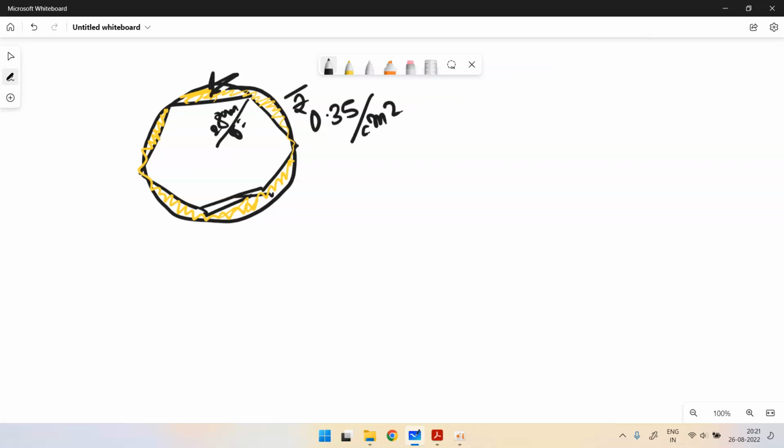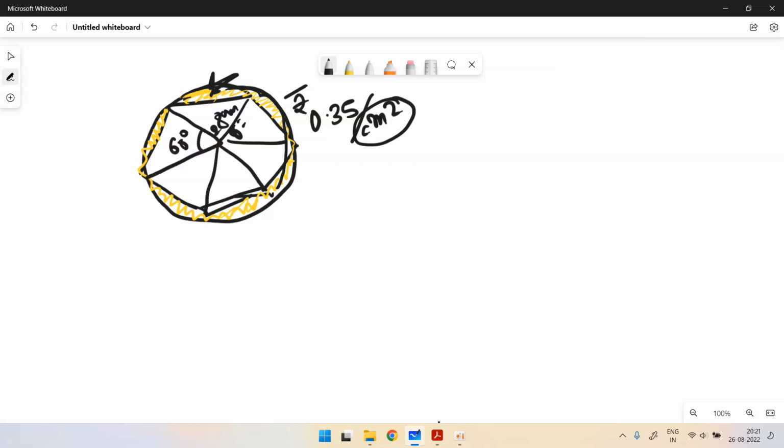So this cost of design is in terms of centimeter square, which means you need to find the total area of this. You remember that this is a hexagon, divided into 6 equal parts, so this angle will be 60 degree.